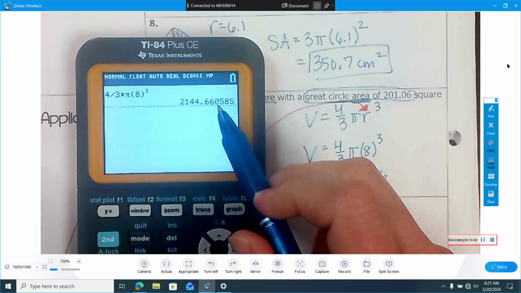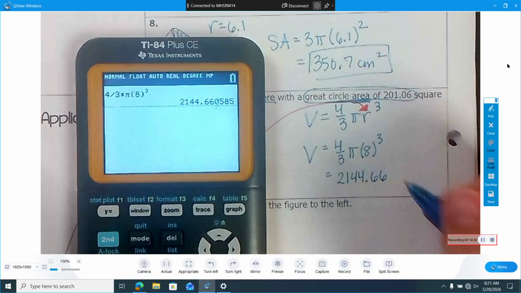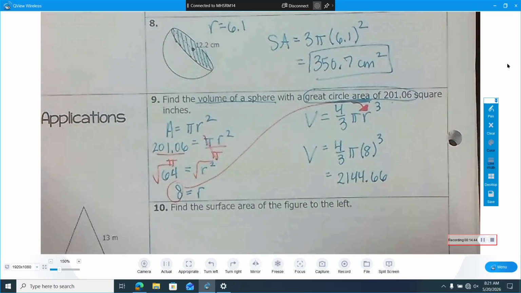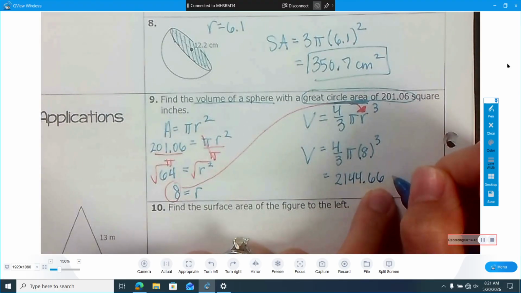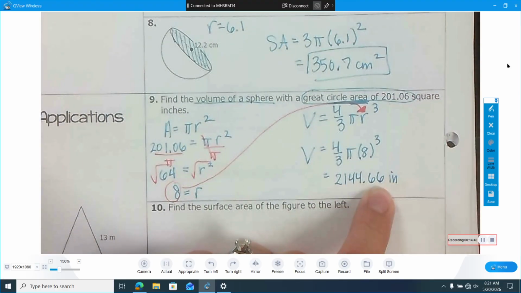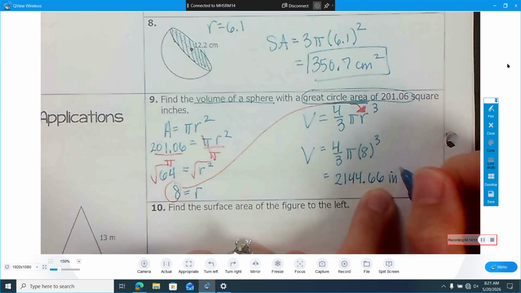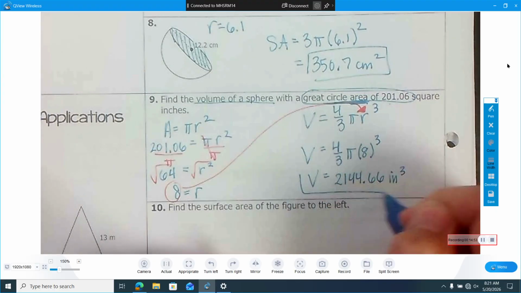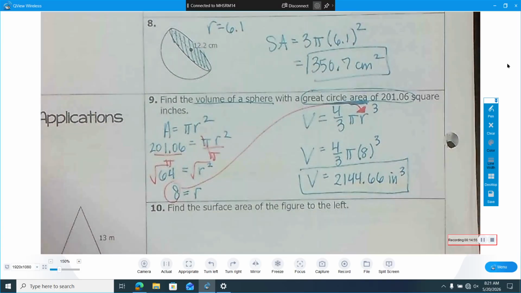I stopped there because there's a 0, a good natural place to stop a decimal. So that is volume. That's going to be inches to what power? Cubed. Inches cubed when we talk about volume.